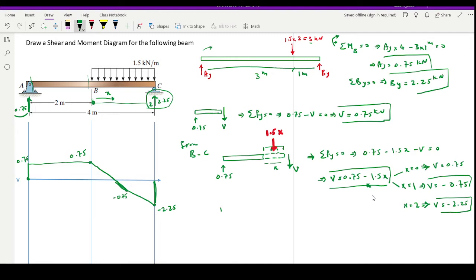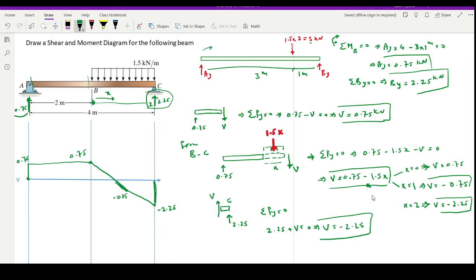And the reason for that is, if I draw a free body diagram for just point C, I have 2.25 acting upwards, and you know that for the right side my positive V also is upwards, slightly to the left of point C. If I write sigma Fy is 0, then 2.25 minus V is 0, therefore V is negative 2.25.